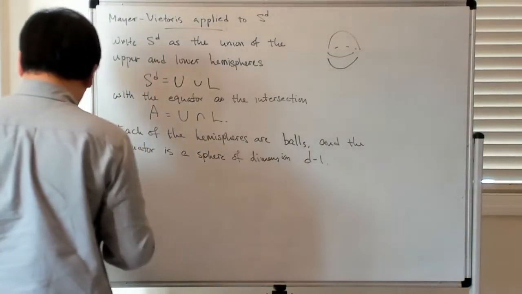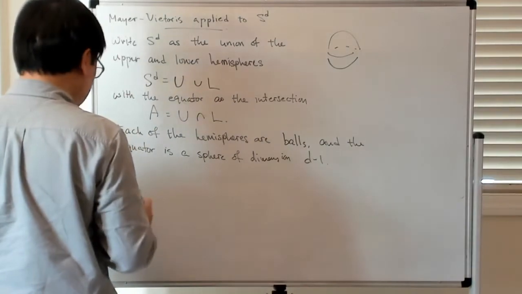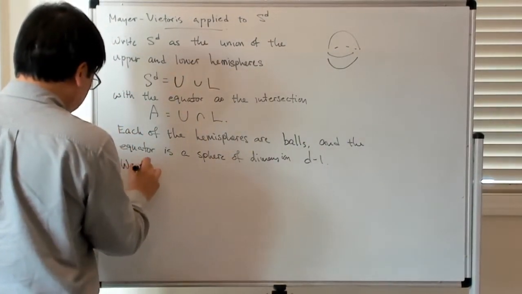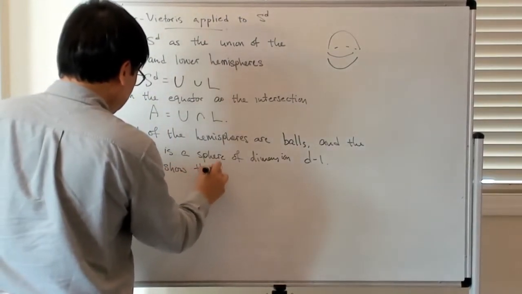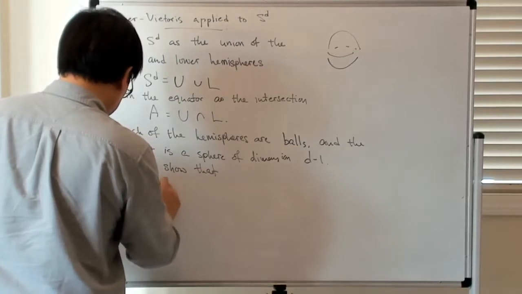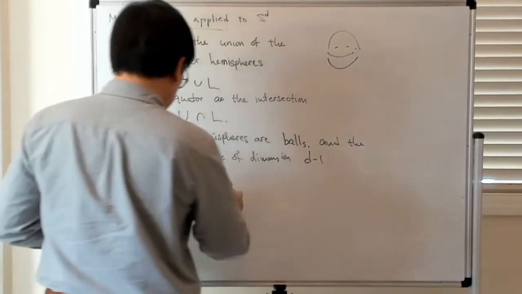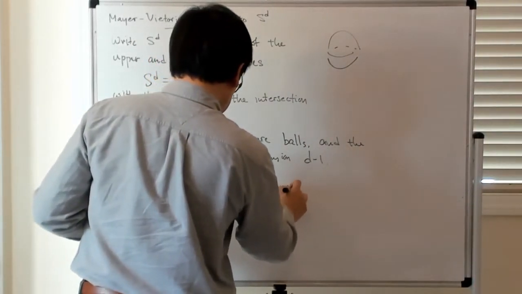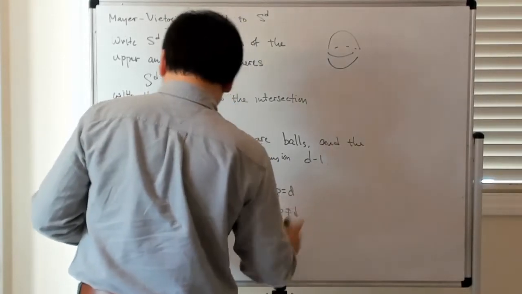So what we want to show is that the reduced homology, or the reduced Betti numbers, associated with the sphere of dimension d, is equal to 1 if p is equal to d, and 0 if p is not equal to d.